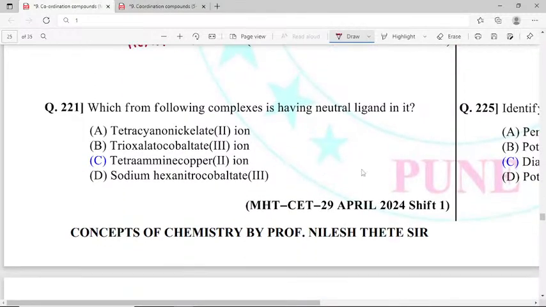Which from following complexes is having neutral ligand? So this is amine. Amine is a neutral ligand.